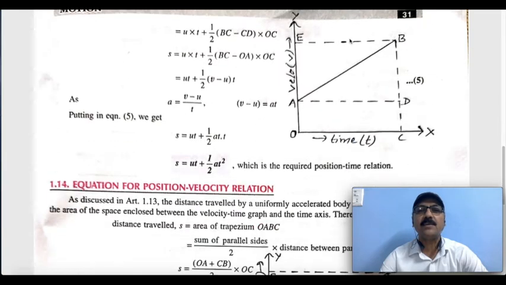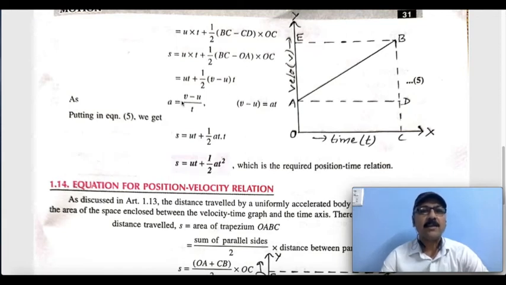And this AD, look at that here, AD equals OC. So U into T plus half BC minus OA, because CD equals OA. Putting the value here again, UT plus half, in place of BC put V, in place of OA put U, and OC equals time T.